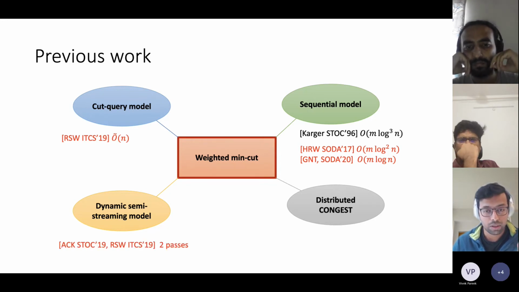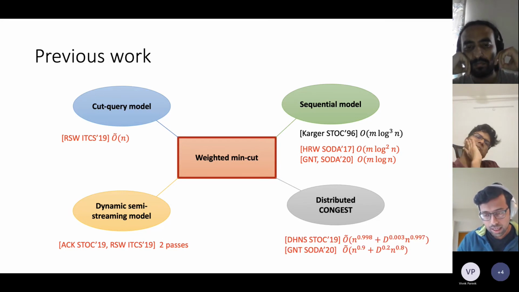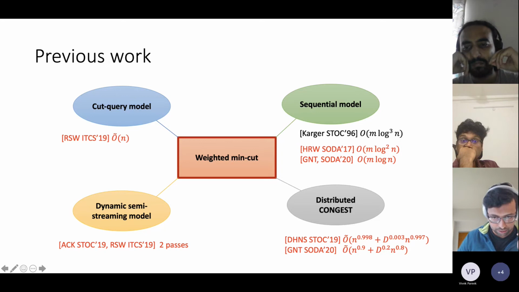In the semi-streaming model, where it's a streaming model but the working memory is n polylog n, there are algorithms known which can find the min cut in 2 passes. And in the distributed CONGEST model, which I will not define actually, there are almost as efficient as possible algorithms known.